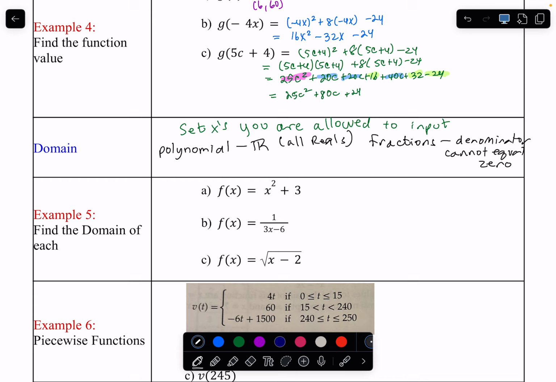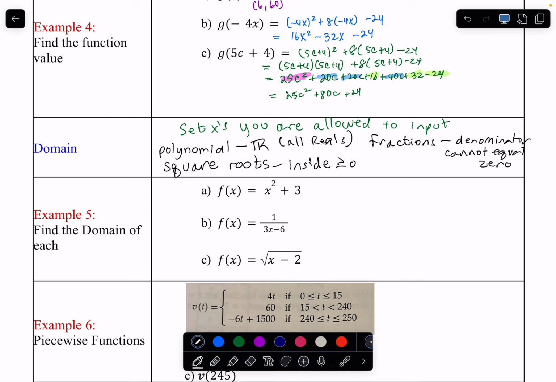Okay? Then lastly, let's talk about square roots. Square roots, the inside value has to be greater than or equal to 0. The inside has to be greater than or equal to 0. So those are the main three things I'm going to focus on now.